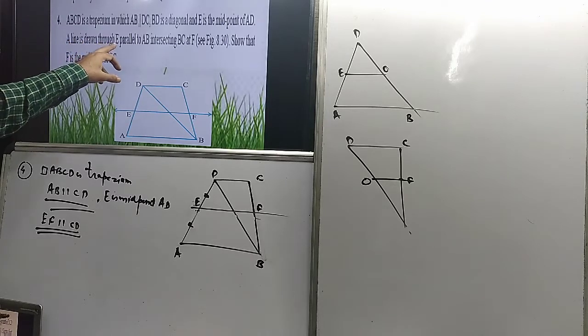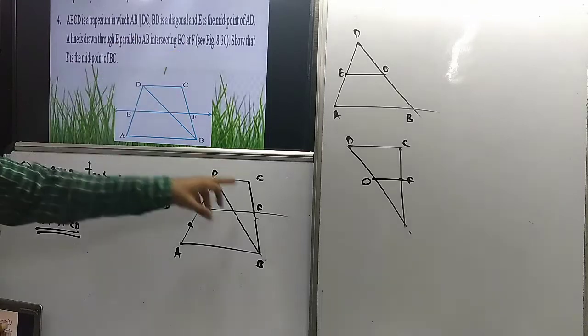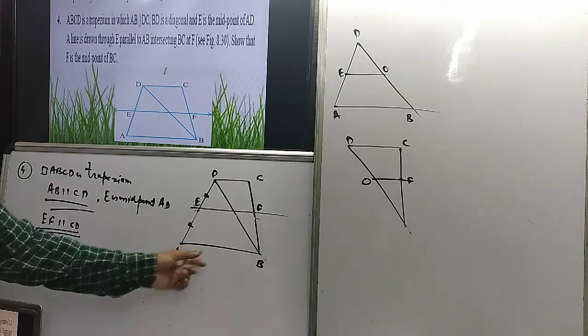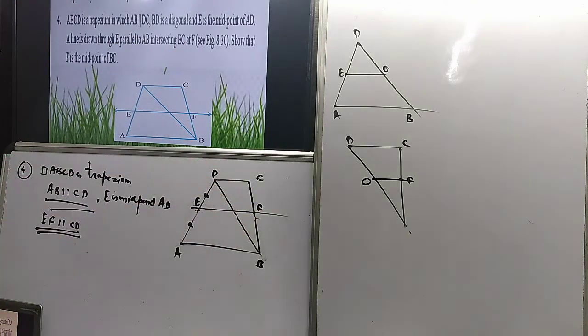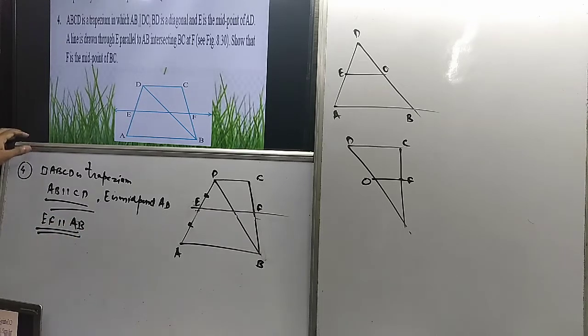A line through E parallel to AB intersects BC at F, meaning EF is parallel to AB or CD. It is given. Now what is to prove?